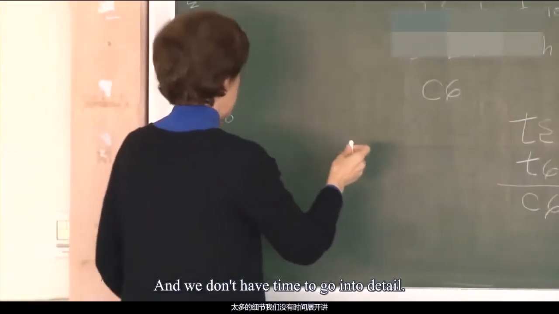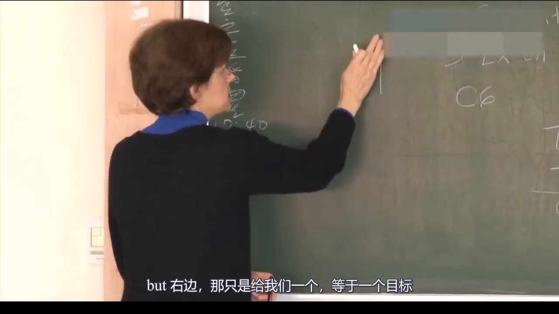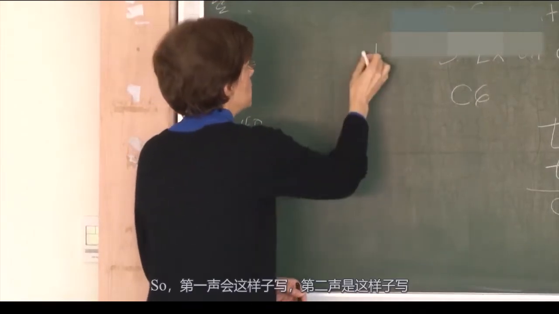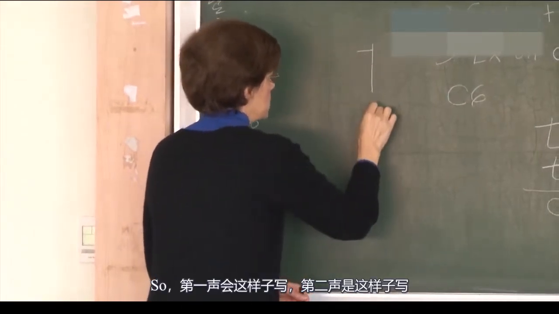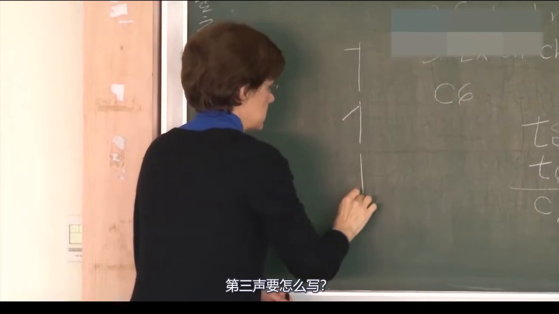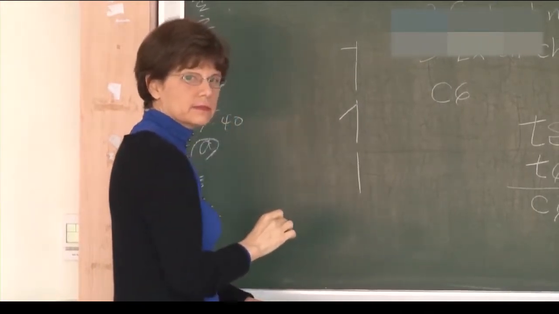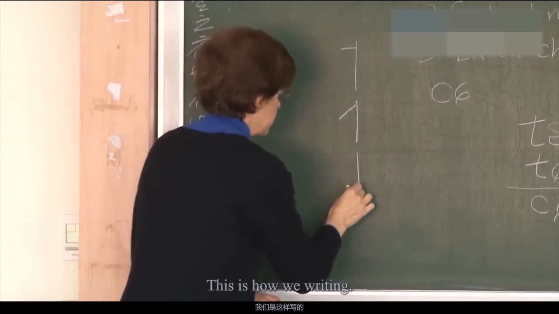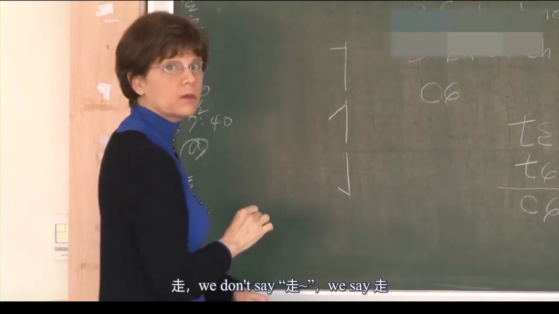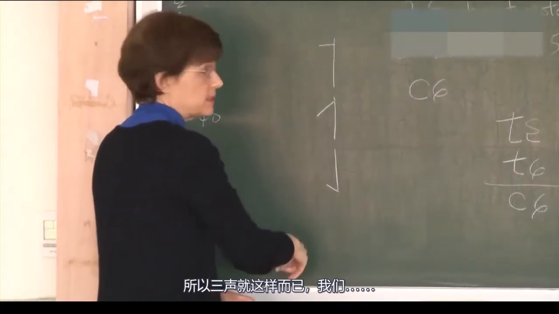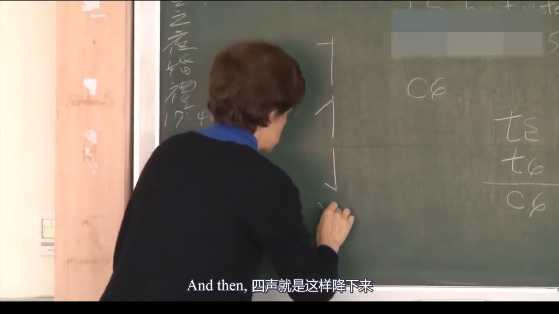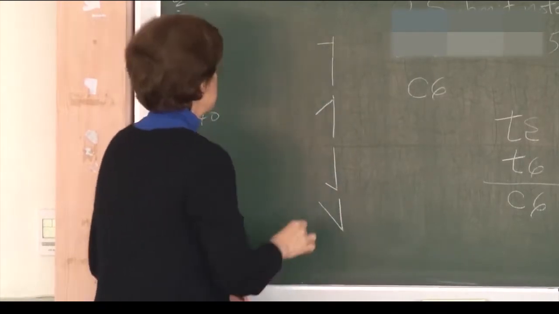And we don't have time to go into detail, but 右边那只是给我们一个目标，就是一个 direction to go to. 第一声会这样子写，第二声是这样子写，可能会留恋在上面。第三声要怎么写？This is how we write it. 走 We don't say 走 We say 走。所以三声就这样而已。现在我们 transcribe 的是台湾的华语, all right? And then 四声就是这样讲下来.